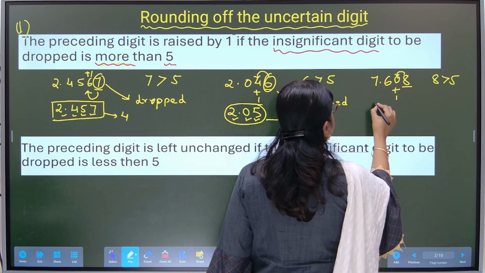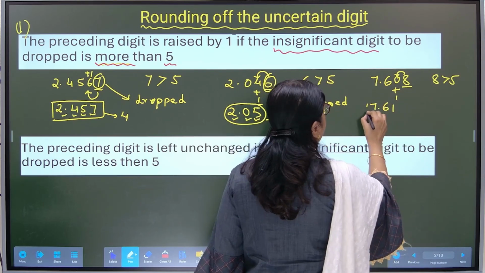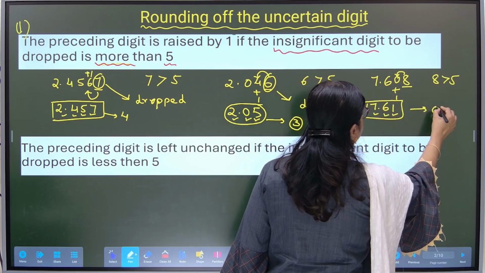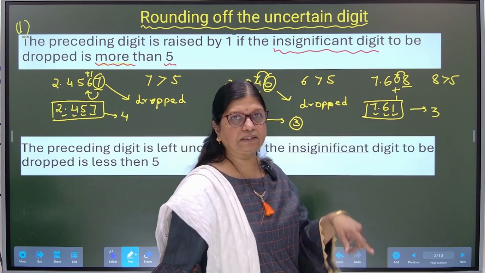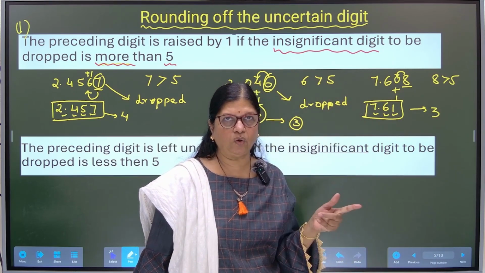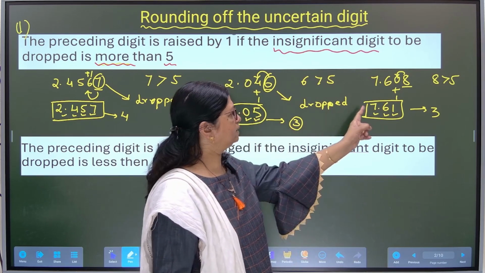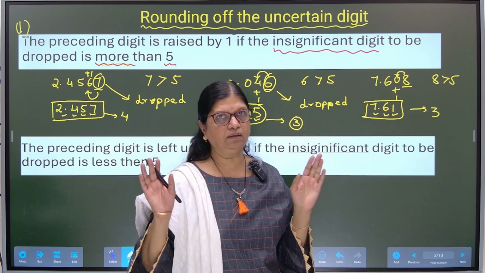So what does my answer become? 7.61, having 3 significant numbers or figures. What is done here? 8 is dropped, went to the previous digit 0, added 1 to it. So we write 7.61 having 3 digits in the given number.